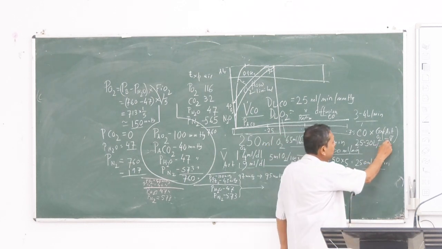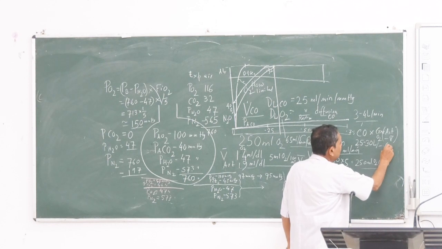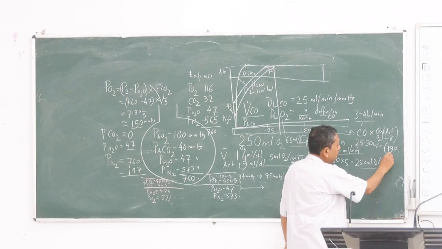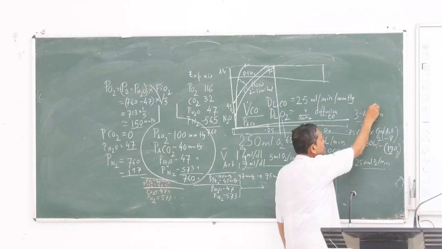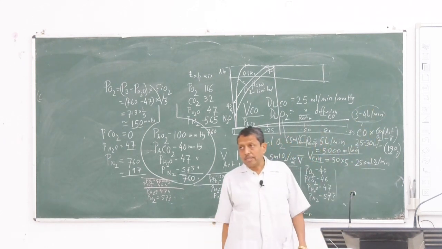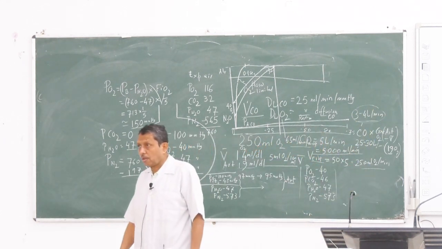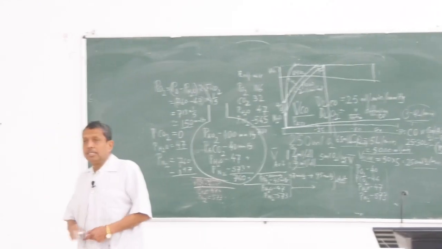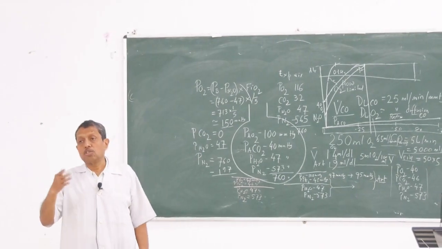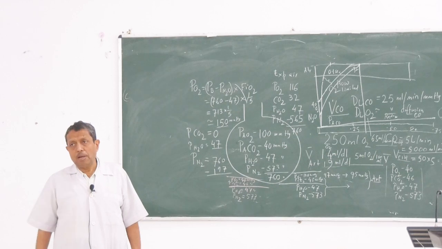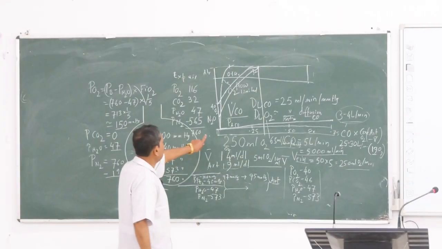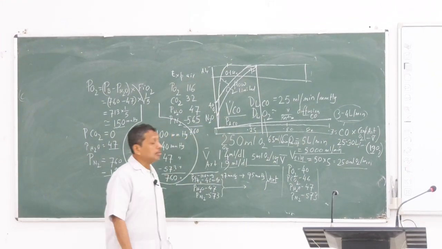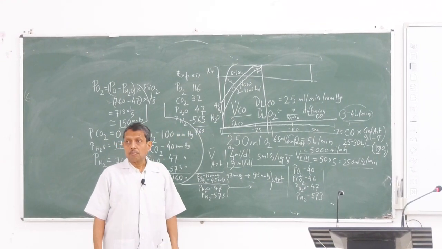If you take this value as 190 per liter, you can find out what the value should be. Because during exercise, the oxygen concentration in venous blood is lower than the normal value. It starts from a lower level, so it is possible.